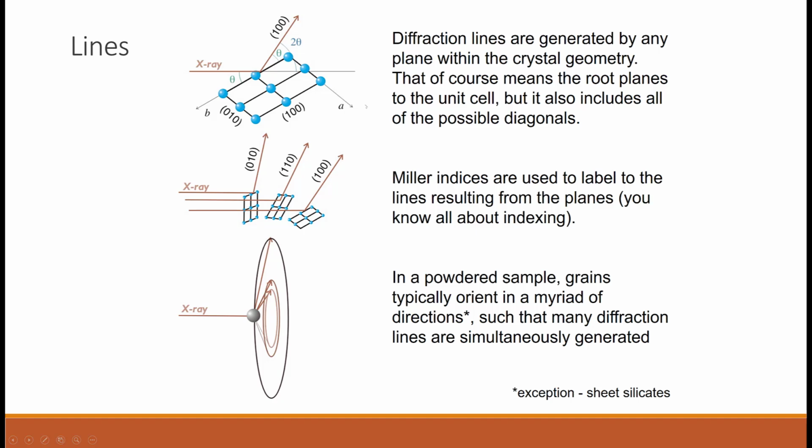As we go through a series of angles, the X-rays encounter different plane geometries and are then diffracted through these different plane geometries. We're going to use a symbol system called Miller indices, which are 3 characters. These 3 characters tell us about the inclination of the planes involved.